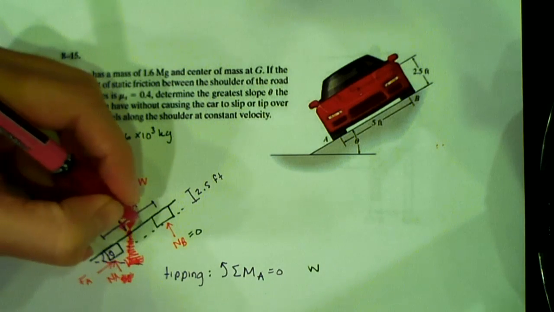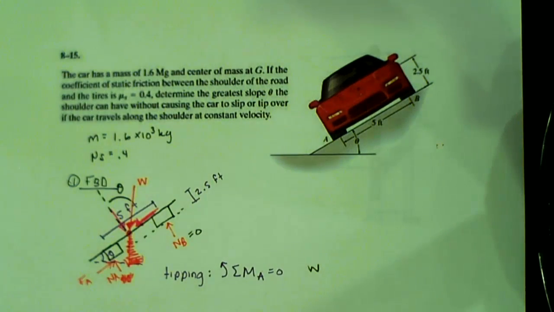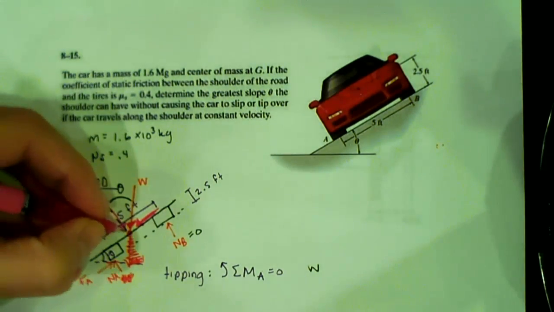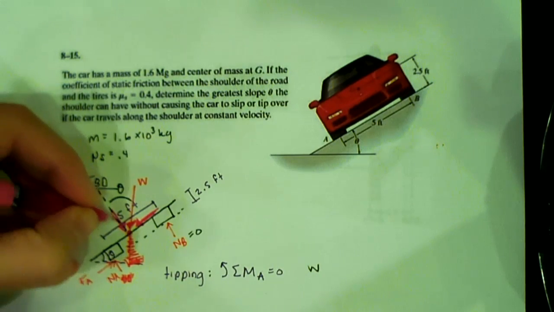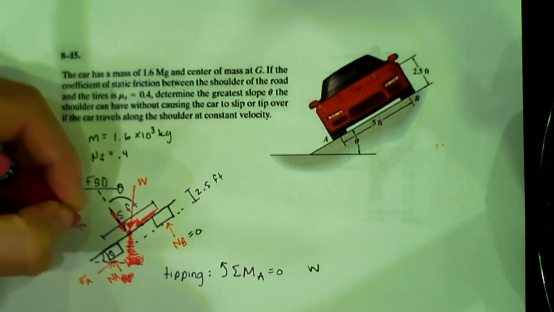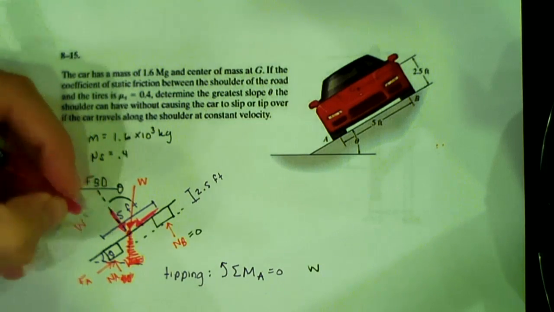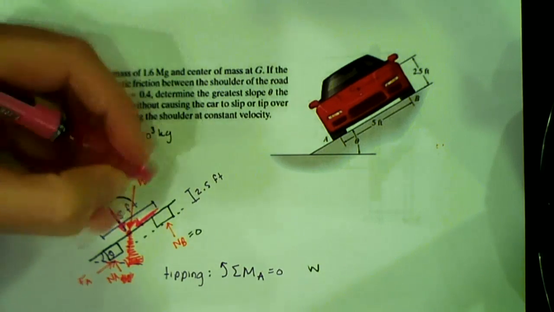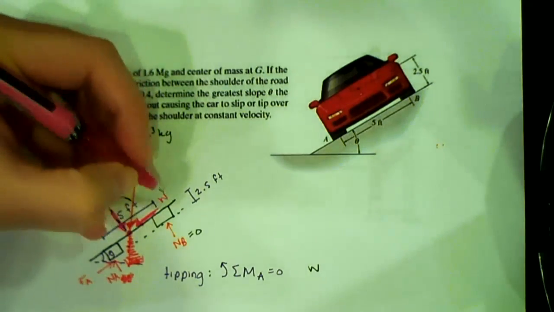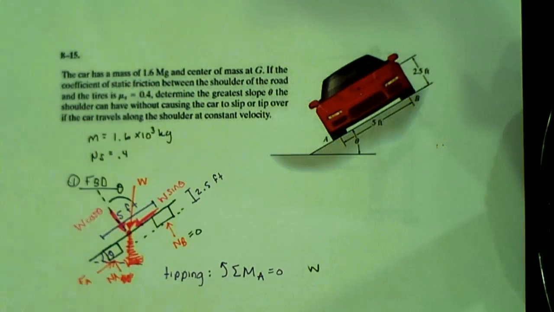So this is what I would do. Do you guys see those okay? Is that a yes? I just heard silence. So this component right here is going to be W cosine theta. And this one is W sine theta.